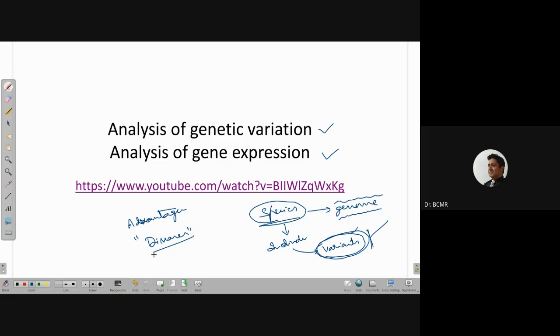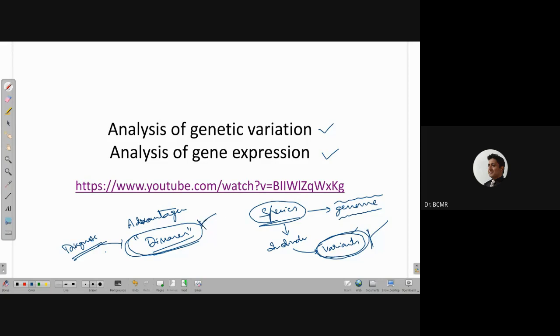So mostly we will be concerned about diseases, how to diagnose them and how to treat them. Those are the two things that we have focused in this syllabus. So when we want to diagnose, we should be able to analyze the genetic variations to start with. That is what we should do.